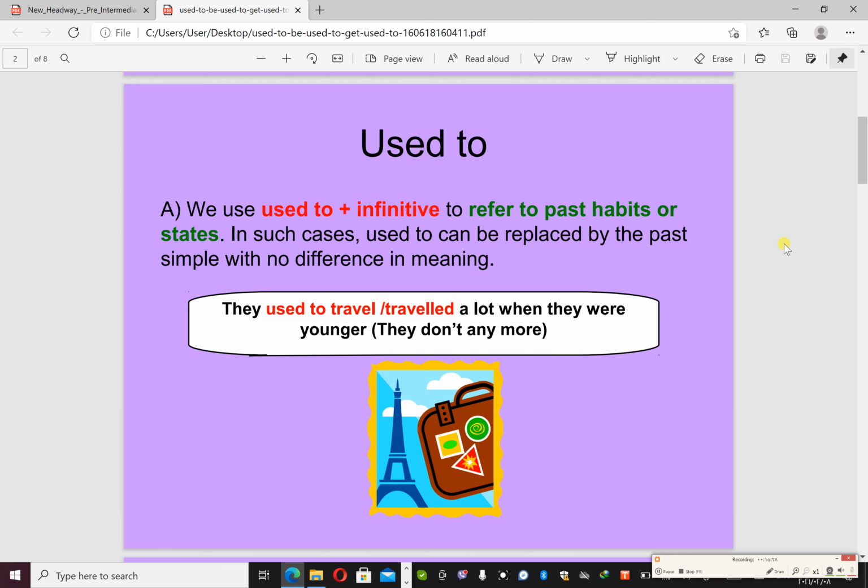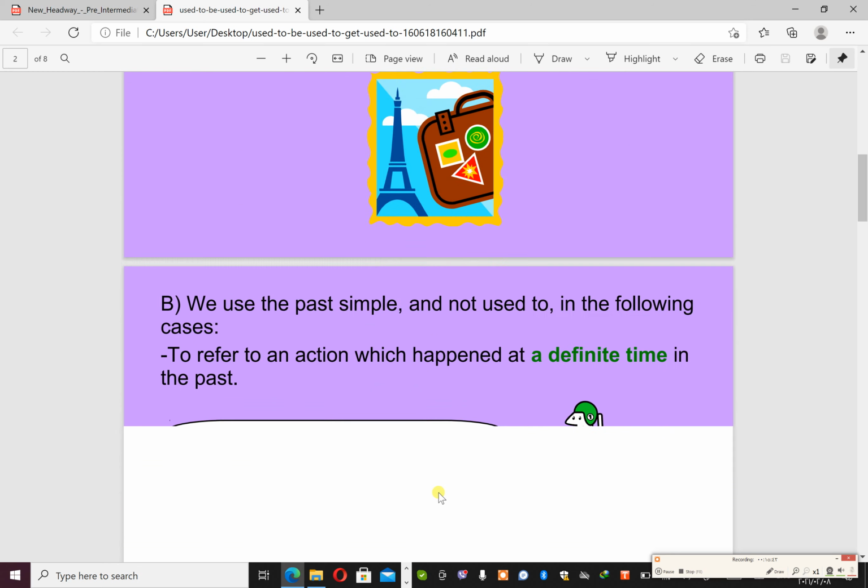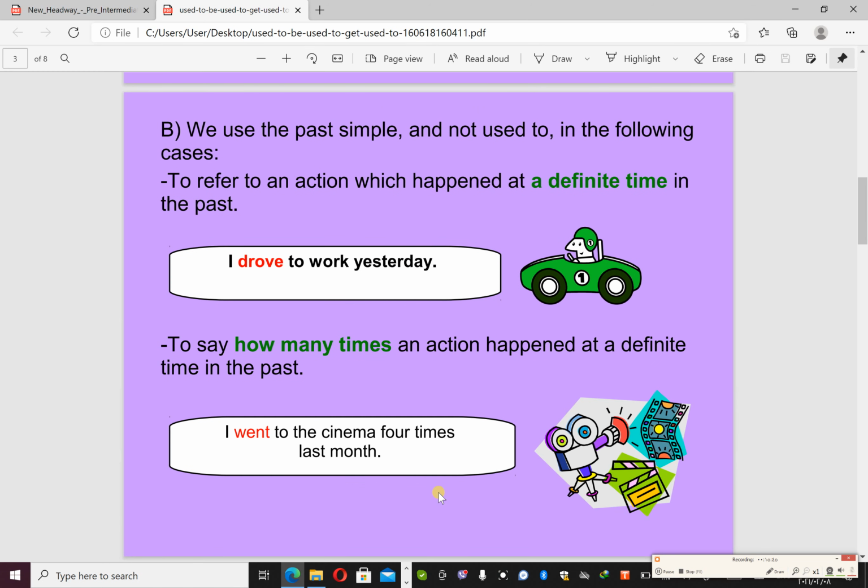أقدر أن أستخدم used to لأن ده يعبر عن habit، عن طبع أو عادة معينة كنا نسويها بالماضي. But if I say I traveled a lot، نفس المعنى تماما، بس أهم شيء يكون ماكو specific time، ما تكون فترة زمنية محددة. And we use the simple past and not used to, as I said, if I have a definite time.